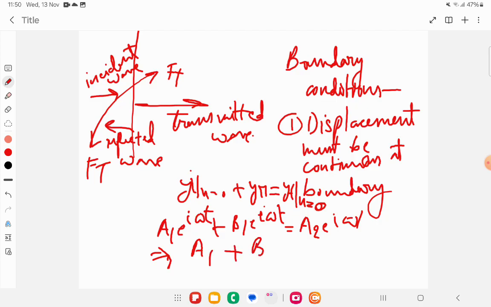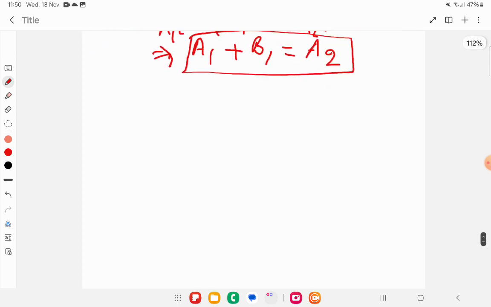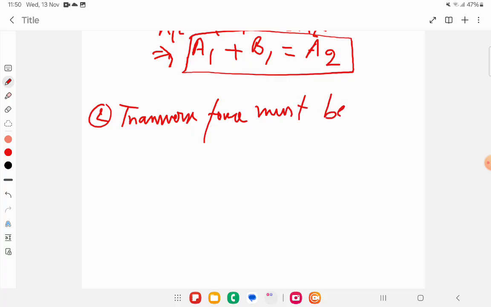A1 plus B1 is equal to A2. Transverse force must be continuous at the boundary.